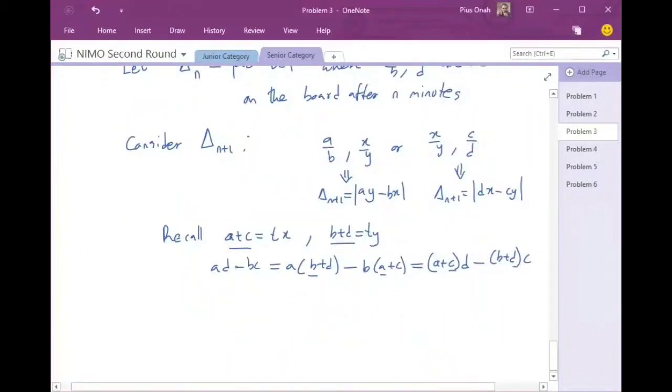So this is kind of like an invariant for this problem. Only we are not working with a plus c itself, so we go with something a bit different.